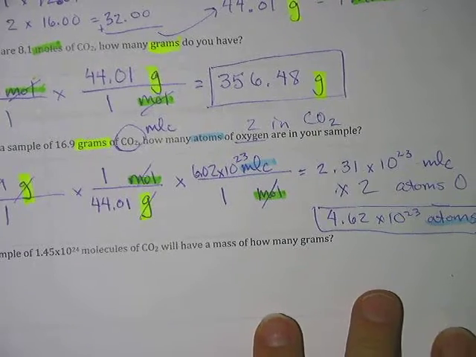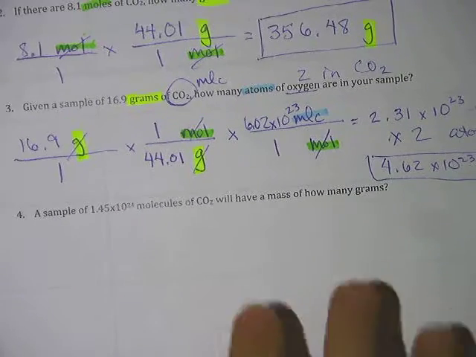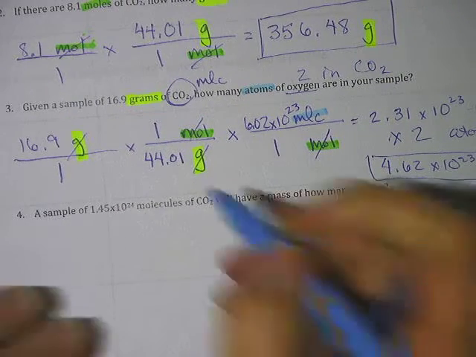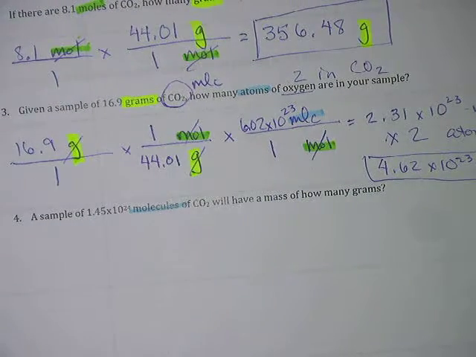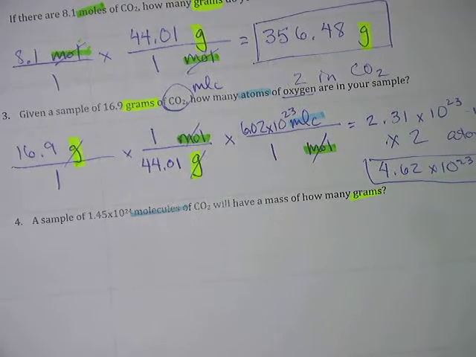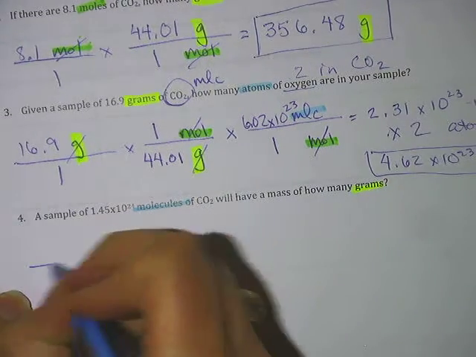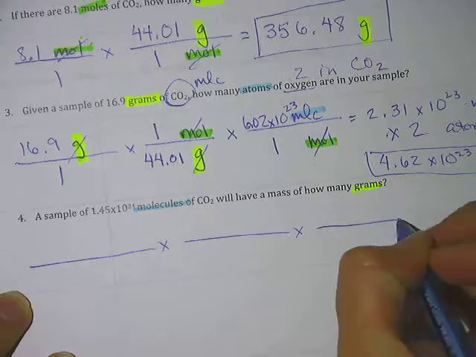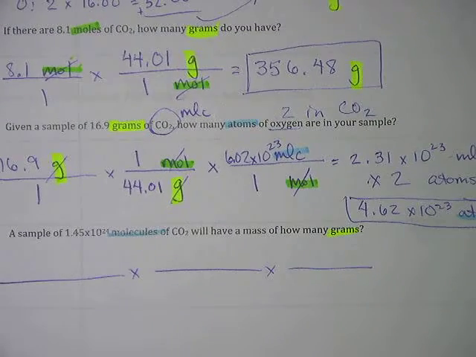Okay. For the bottom one, we've got molecules and grams. So again, blue and yellow, how many fractions do you need? Three. Blue and yellow, you're always going to need 3 fractions. If they don't say moles, you need 3 fractions.